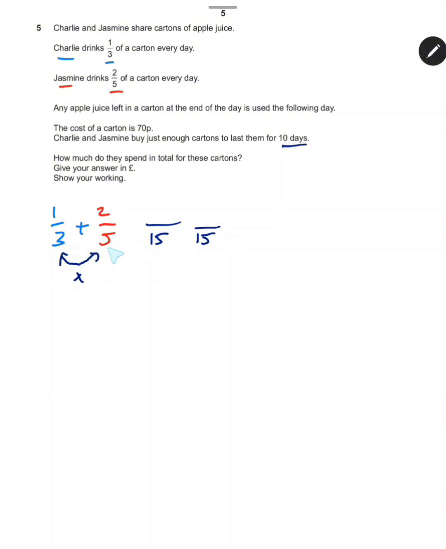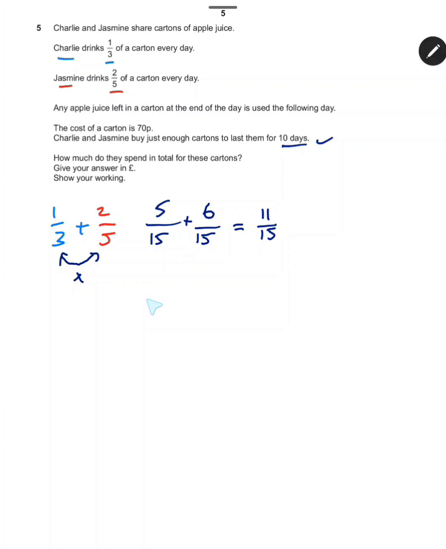I multiplied this 3 by 5, so I'm going to multiply the 1 by 5. I multiplied the 5 by 3, so I'm going to multiply the 2 by 3. And if we add those together, 5/15 and 6/15 is 11/15.